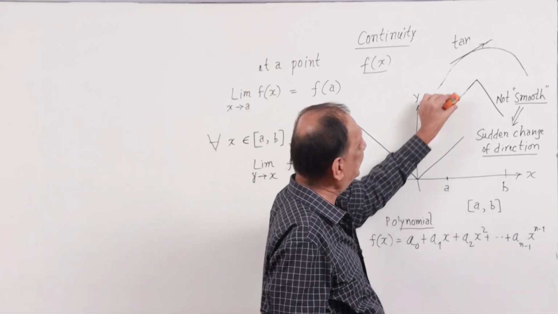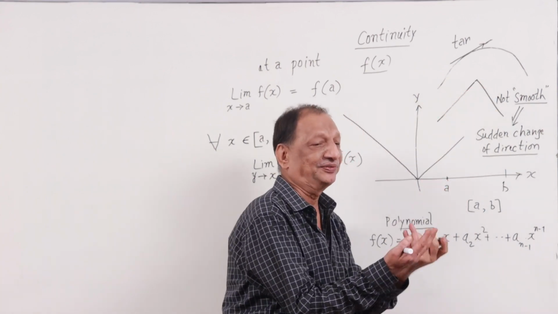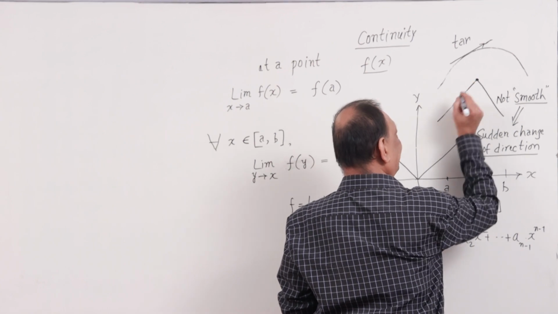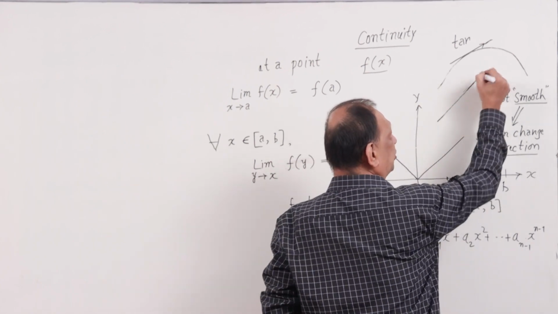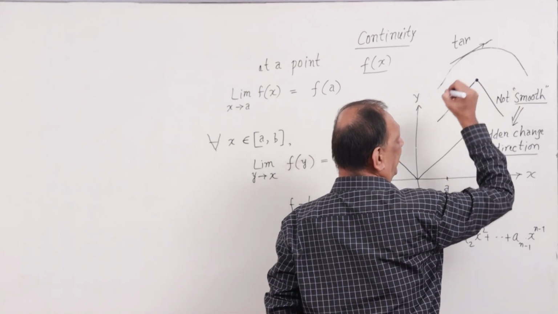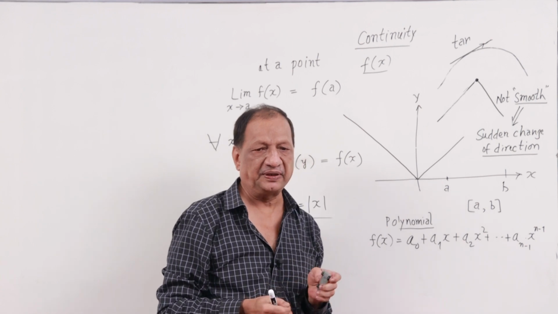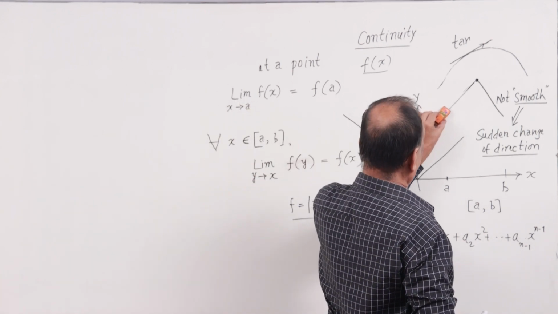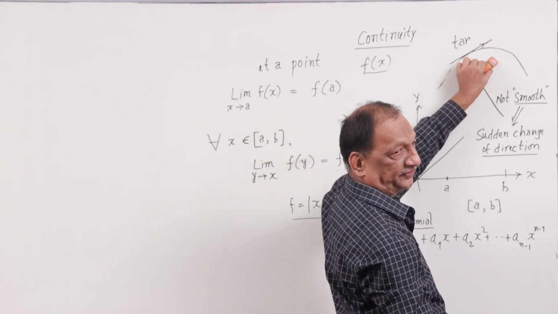And when there is a sudden change in the derivative, obviously you can't drive it. So there is no derivative there. That means at every other point we can drive. Every point it is fine, it is smooth. But at this one particular point on the peak, it is not smooth because there is a sudden change of direction. Because till here, the car is facing northeast, you can see that.